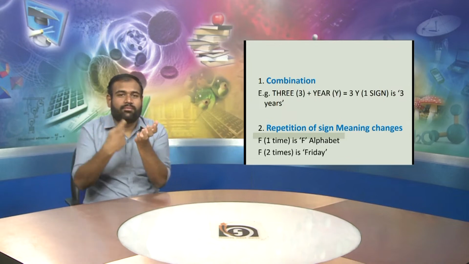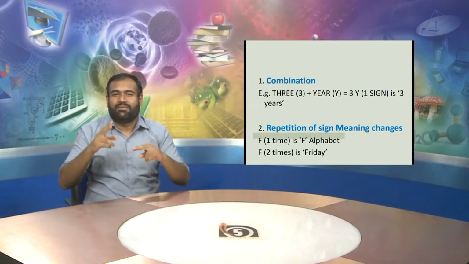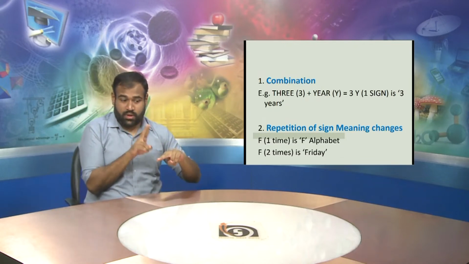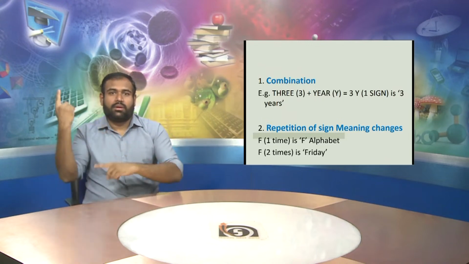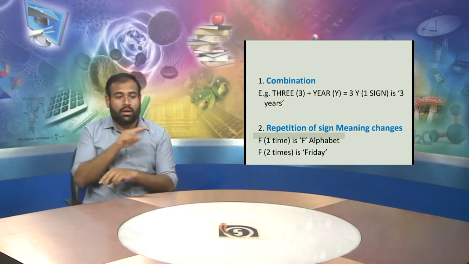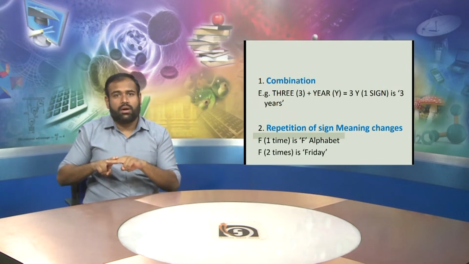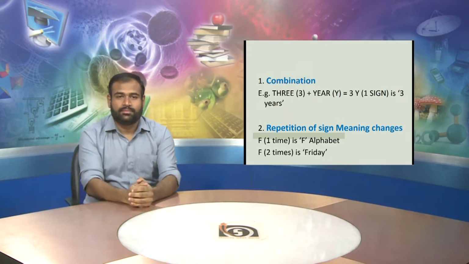So see, you yourself can understand that doing F only one time will make one word, but that same alphabet, if we are doing that 2 times, means tapping that 2 times on the finger, it will have a different meaning. So repetition of sign will create a new word.